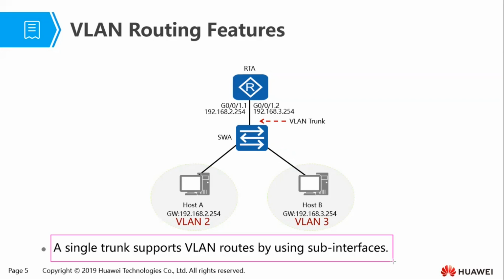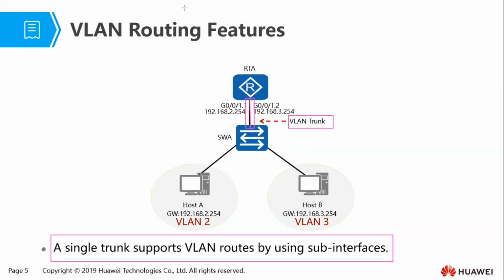So what does that mean really? We have this interface here, which we must configure as a VLAN trunk, as a trunk link. And now we can subdivide this into two sub-interfaces, something like that.